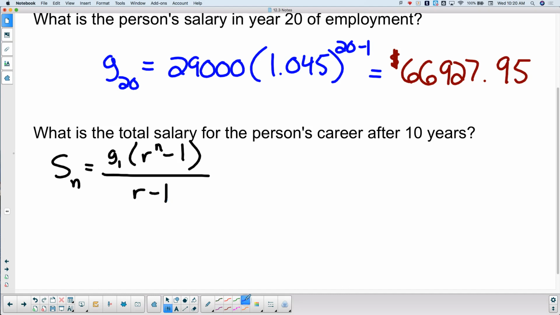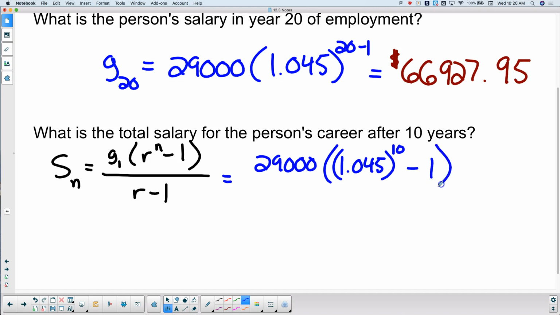Okay? So this is going to be 29,000 times 1.045 to the 10th power, then minus 1, all over 1.045 minus 1. Again, I would start on the inside.